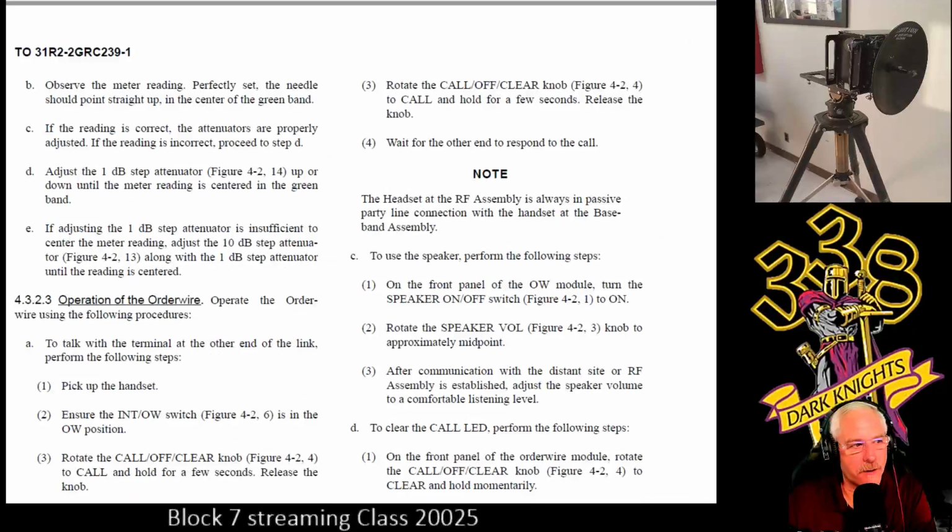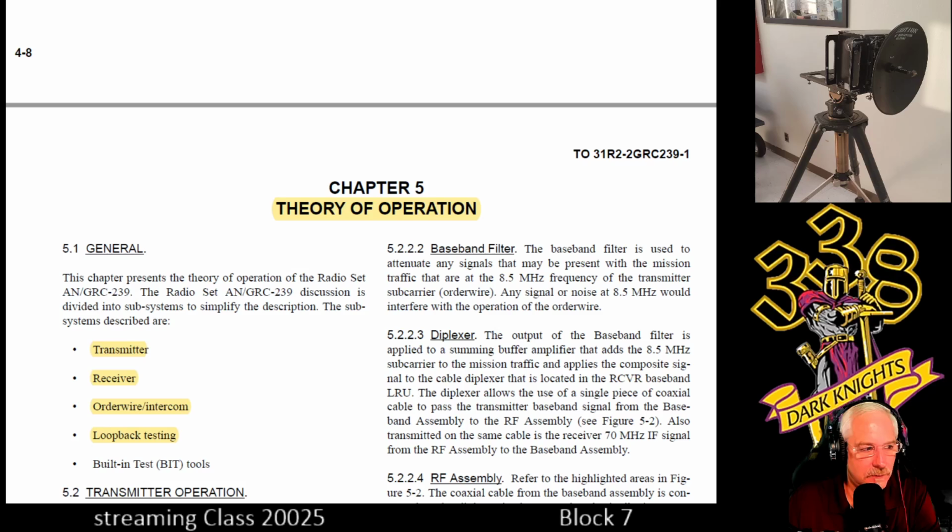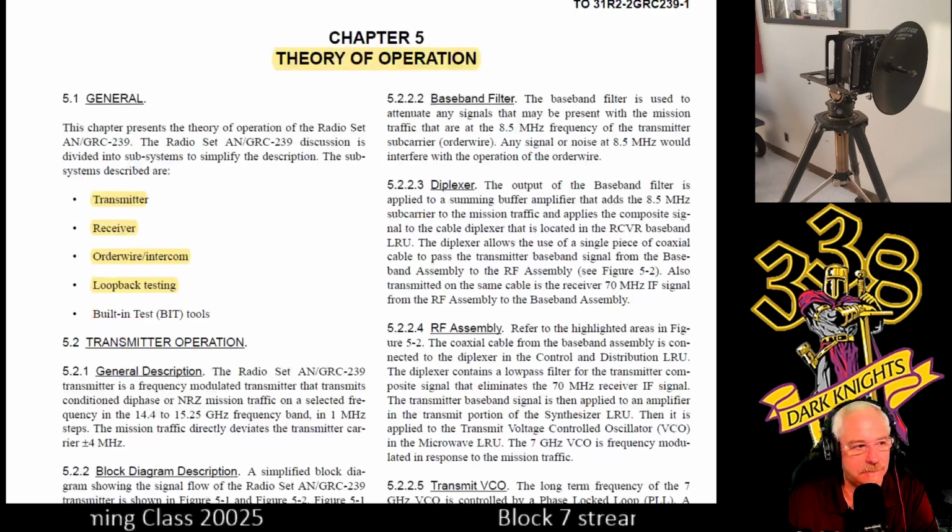Let's get to Chapter 5. In Chapter 5, which we'll be going over tomorrow morning at 9 o'clock, we will be covering the transmitter, receiver, order wire, intercom, and loopback testing.